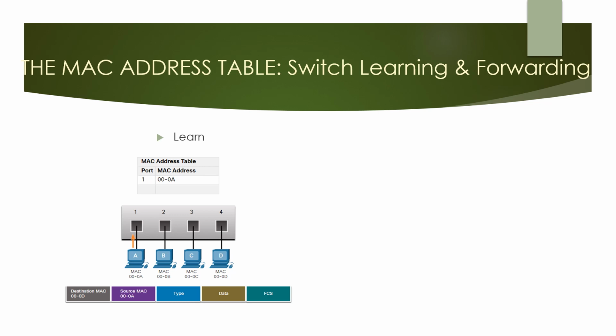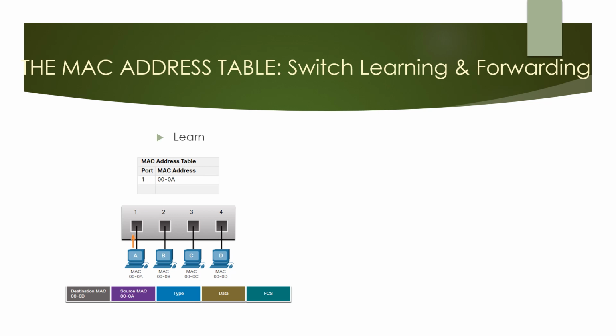It does this by examining the source MAC address of the frame and the port number where the frame entered the switch. If the source MAC address does not exist, it is added to the table along with the incoming port number. If the source MAC address does exist, the switch updates the refresh timer for the entry in the table. By default, most Ethernet switches keep an entry in the table for 5 minutes.